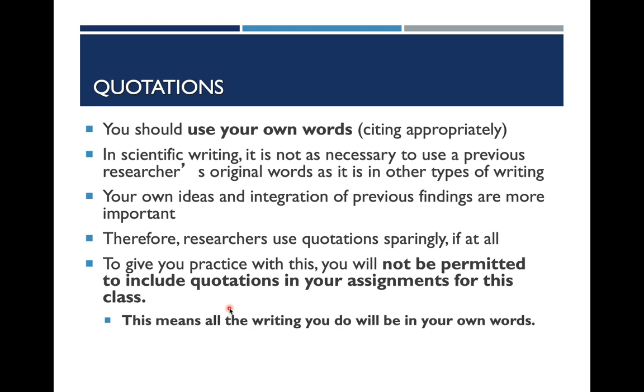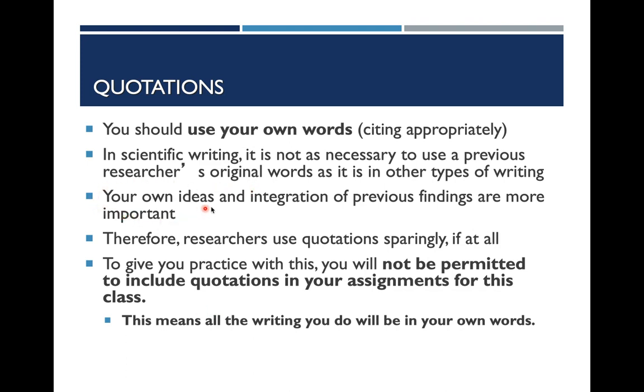Remember, we're not focused on the exact words or the person. We're focused on the ideas behind those words and that person. So we discuss topics, we discuss findings, we discuss theories, and then we cite the original source of that material, even though we are not using their exact words.